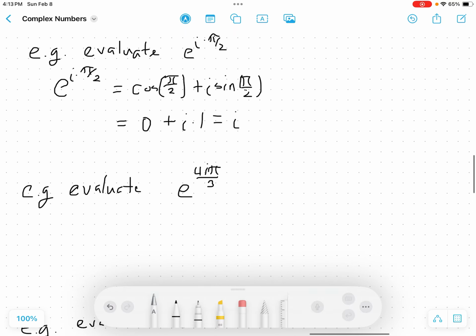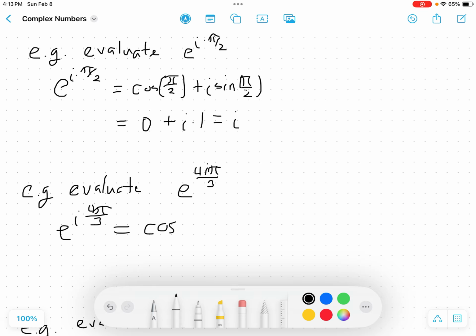Something like e to the I times 4 pi over 3. We can keep on using our formula. E to the I times 4 pi over 3 is going to be cosine of 4 pi over 3 plus I sine of 4 pi over 3.